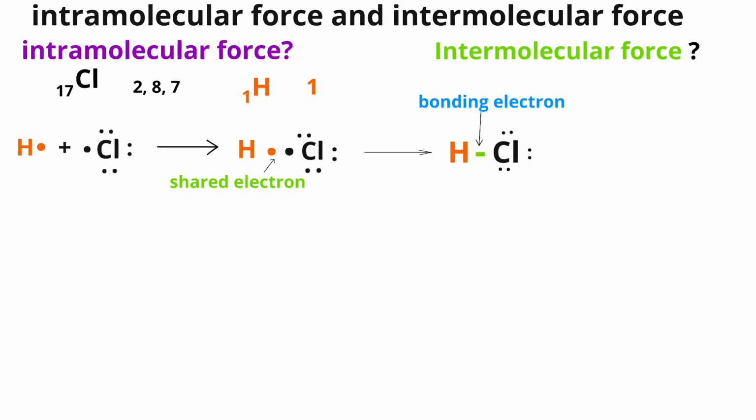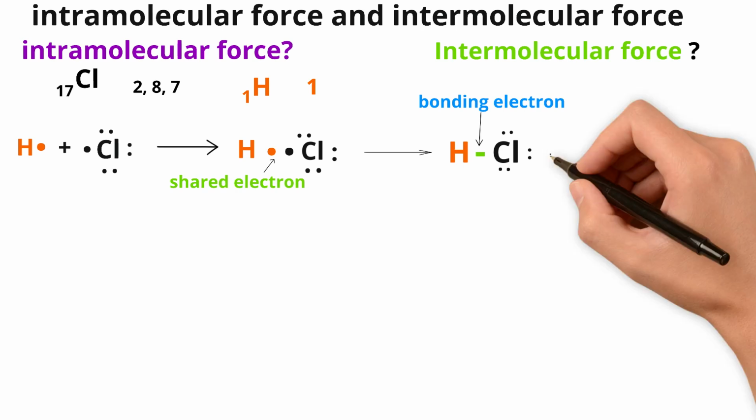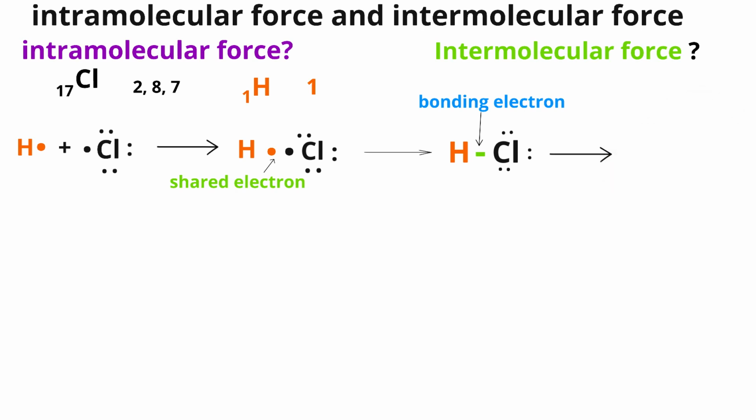In hydrogen chloride, the bonding electrons move toward the nucleus of chlorine because chlorine is a more electronegative element than hydrogen.